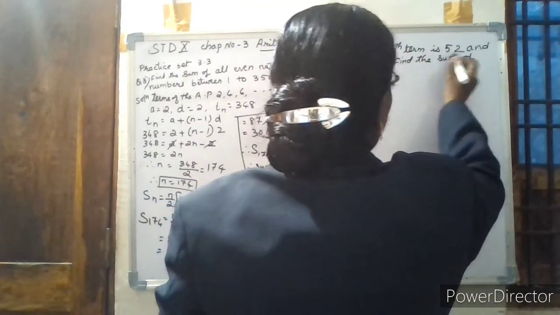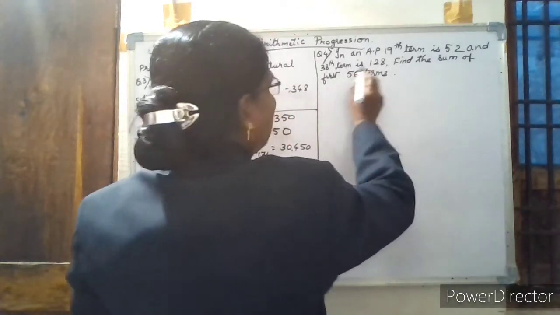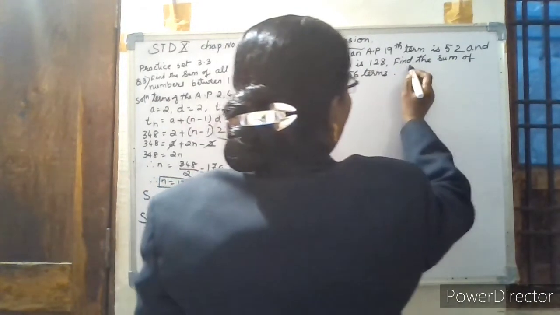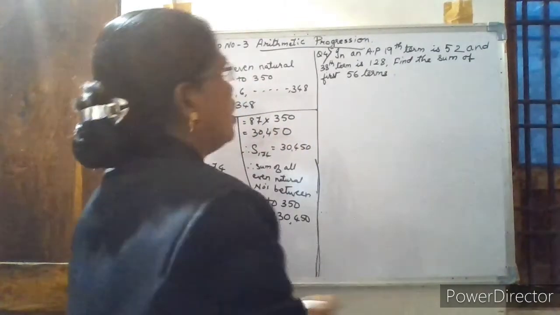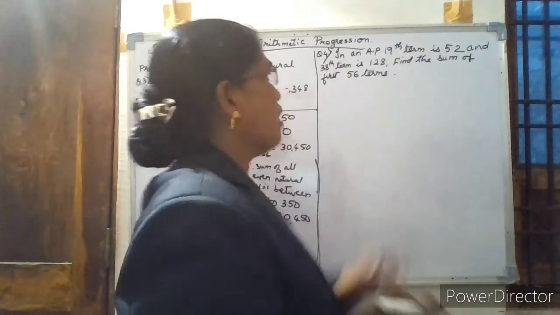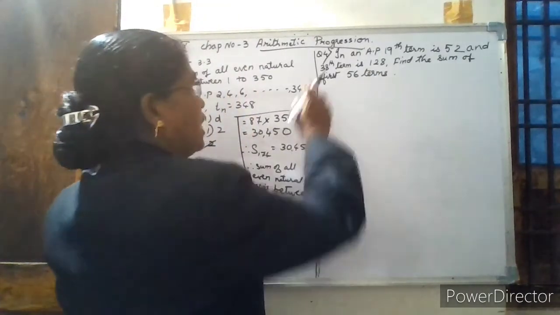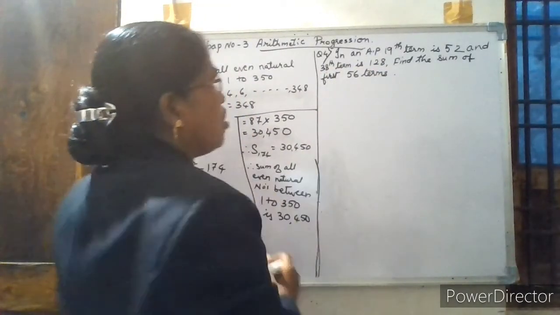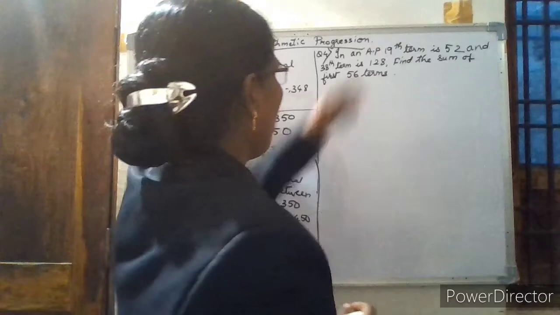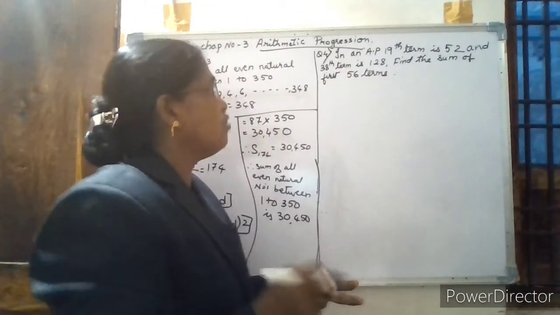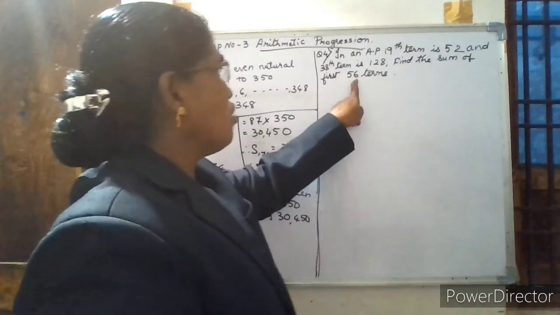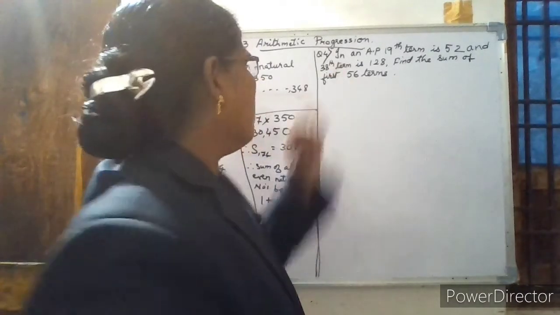Here in an AP, the 19th term is 52 and the 38th term is 128. Find the sum of the first 56 terms. From these two given term values, we have to find the a value and d value, and then find the sum of 56 terms.